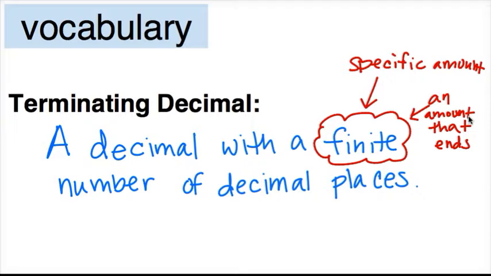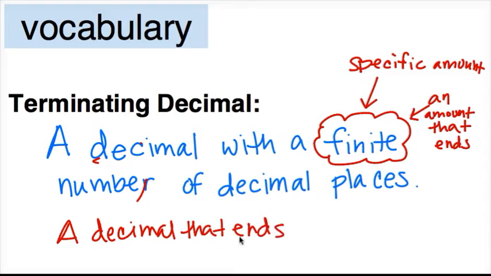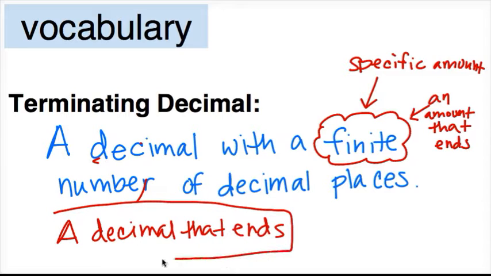That's an ending amount. The decimal ends. So a decimal with a finite number of decimal places, another way of saying that is a decimal that ends. So this could be more of a simplistic definition for you. This blue definition, however, will be what you would need to know, the official definition.